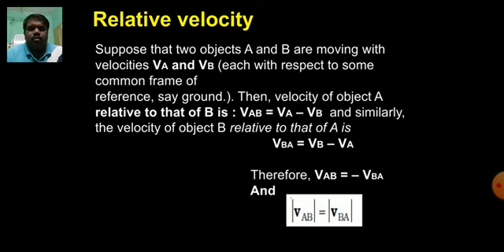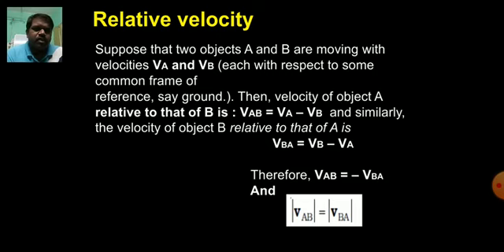So the velocity of B relative to A will be VBA is equal to VB minus VA. This can further be written as VBA is equal to minus, in brackets, VA minus VB.